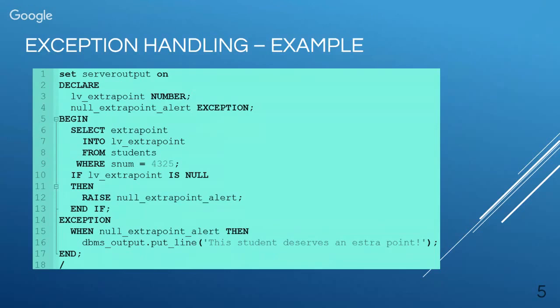If the extra point is null, then we are going to raise that null extra point alert. And the exception will be: when null extra point alert, we are going to print something like, student deserves an extra point, because the null tells us that this student doesn't have any extra point.